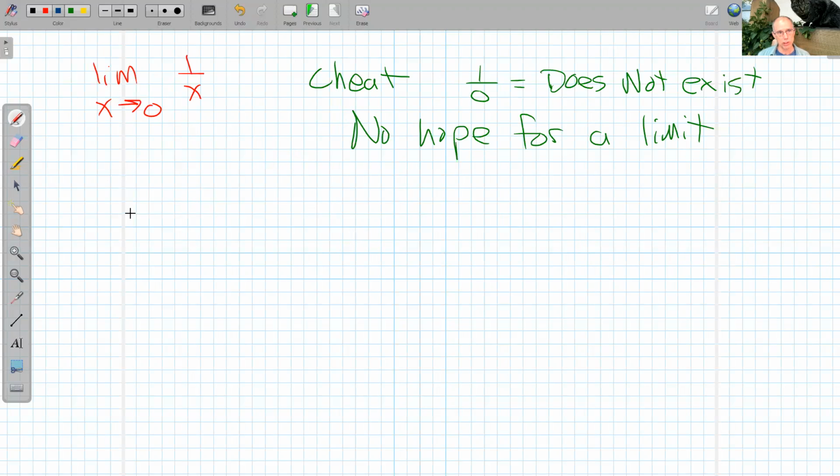So what we need to do is look at each side to explore more carefully what's going on here. So what's happening is that x approaches from the right side of 1 over x. And we could make a table to see what happens there. And this is something hopefully you did in a college algebra or algebra 2 class sometime in your past.